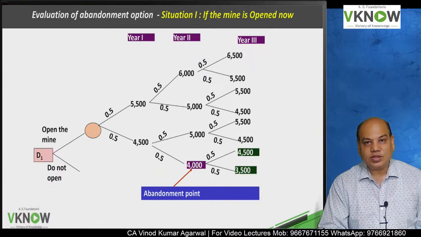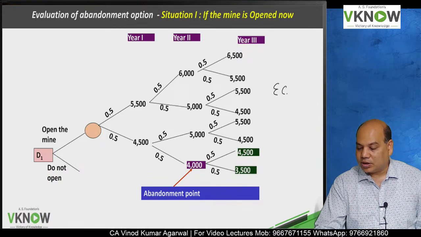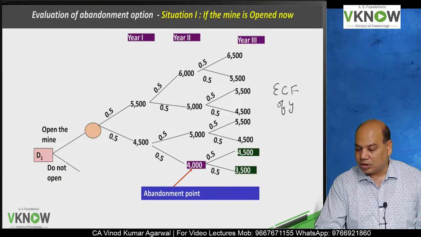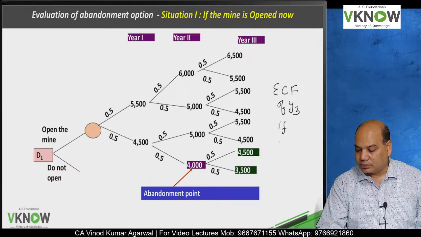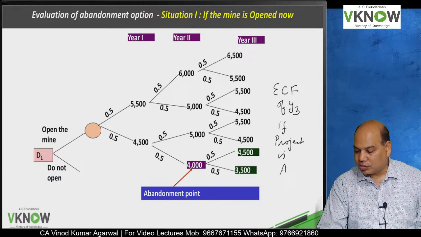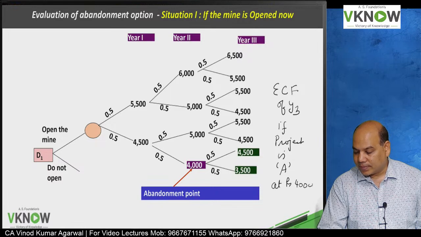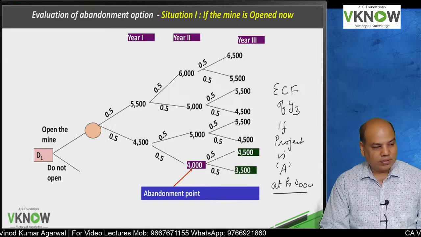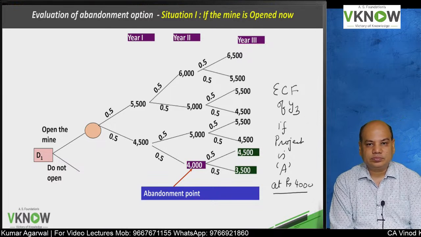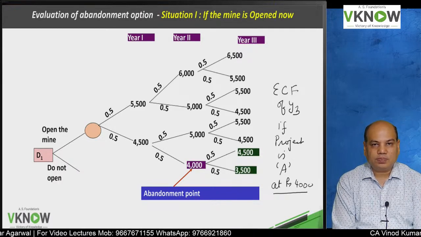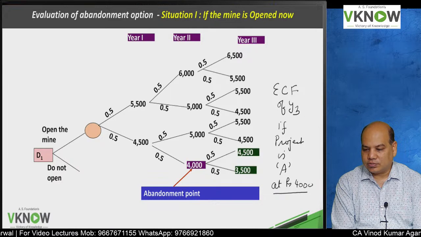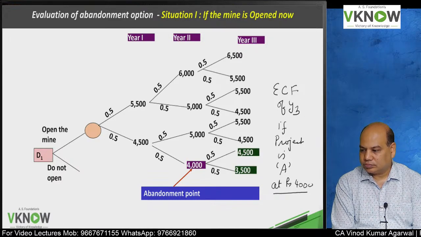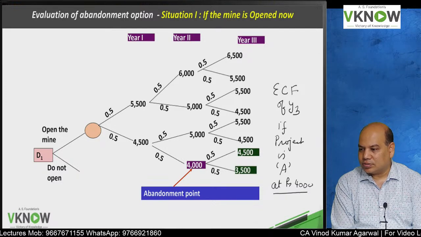If you have not understood, once again: what is the expected cash flow of year 3 if the project is abandoned at rupees 4,000? Okay, so please solve. I'll give you 30 seconds.